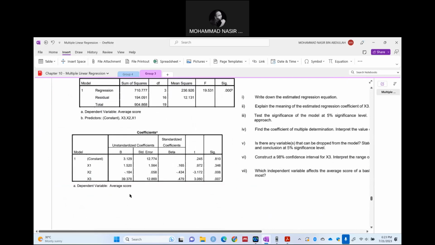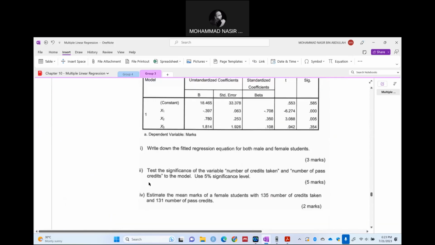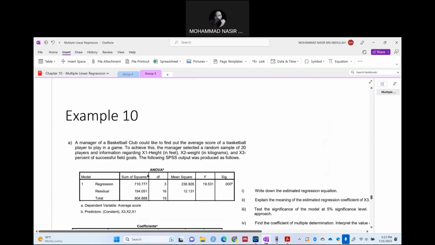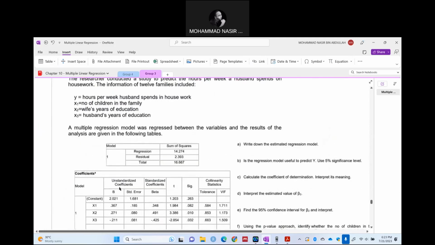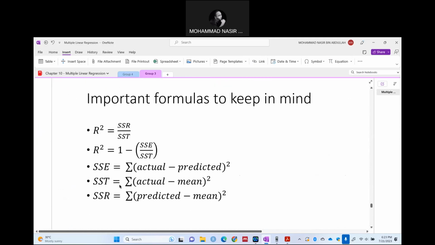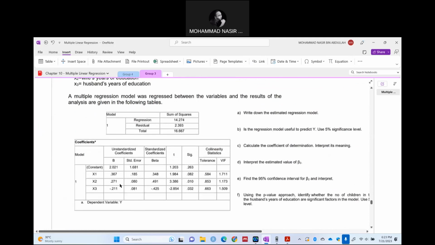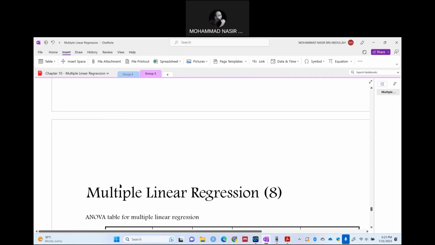Example number 10. Number 9. This is number 9, right? Where's number 9? Number 9, I think you can do by yourself. Number 10. Okay.